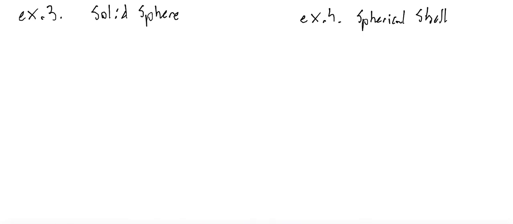So find the moment of inertia for a solid sphere and for a spherical shell and do the same calculations, and you will see which object is the fastest, which object is the slowest, so in which case the energy needed to make rotation is the biggest and where is the smallest.